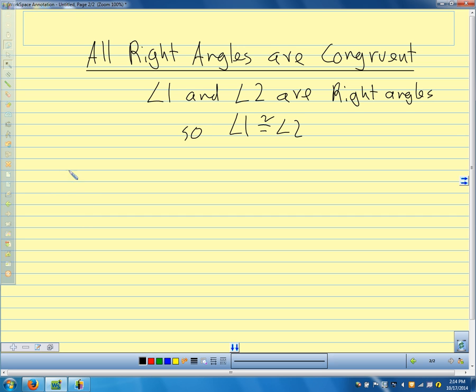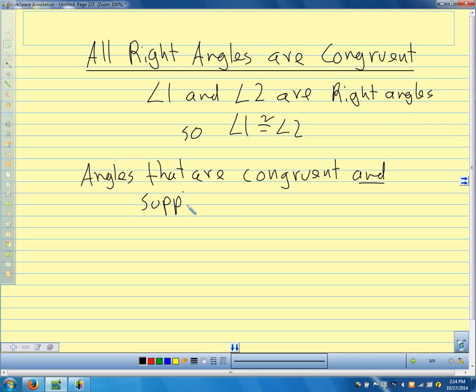How about, I want you guys to see if you can figure it out. Angles that are congruent and supplementary are what kind of angles?